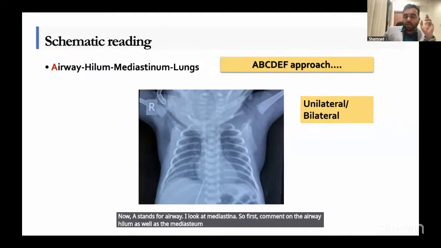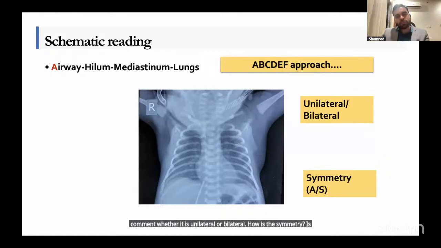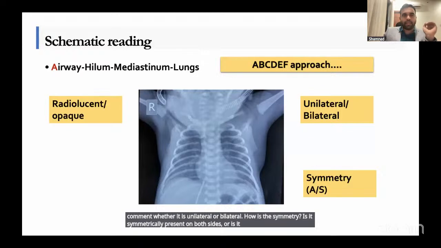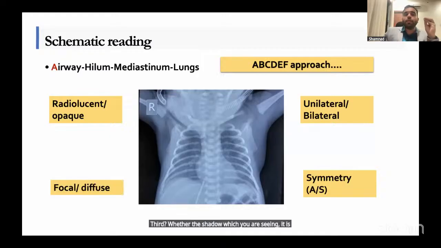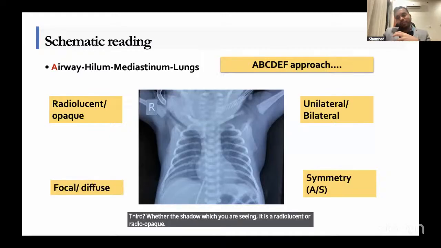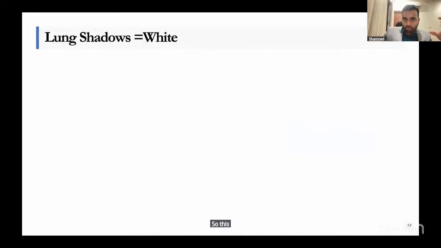Whenever you comment on anything in your X-ray, comment whether it is unilateral or bilateral. How is the symmetry? Is it symmetrically present on both sides, or is it asymmetrical? Third, whether the shadow which you are seeing is radiolucent or radio-opaque, and whether it is a diffuse radiolucent or radio-opaque opacity, or a focal opacity. So this is the first comment you should give.